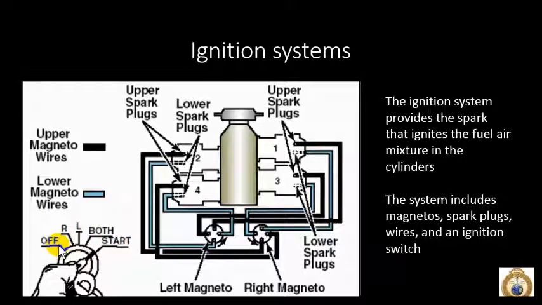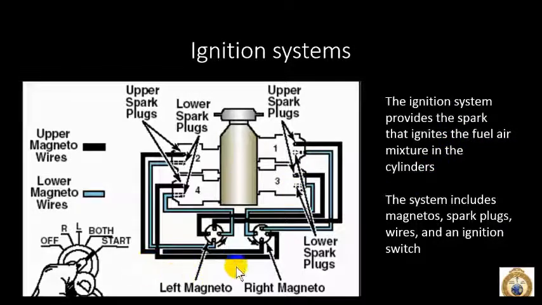Now, when we start, we let the key go back to the both position. But before we can even do that, we have to turn what we call a master switch on, which introduces an alternator and a battery into the system. But let's just slow down. So this is how we start. This is our ignition system. It provides the spark that ignites the fuel-air mixtures in the cylinder.